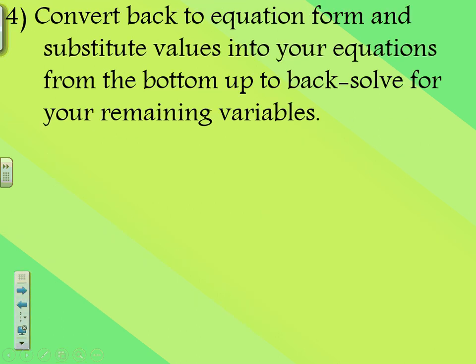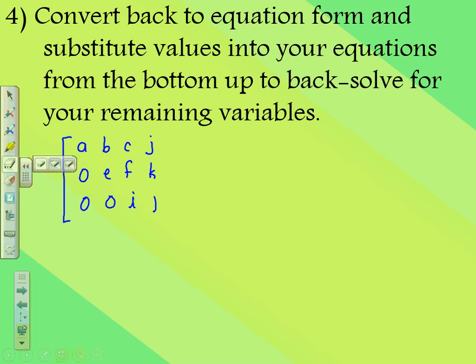Now, once you have your final augmented matrix, you don't necessarily have to write this down again because you probably have it somewhere in your notes, but let me just write it one more time here. So we have A, B, C, J, we have a 0 here, E, F, K, and then a 0, 0, I, and oops, I want to write a J again for some reason.